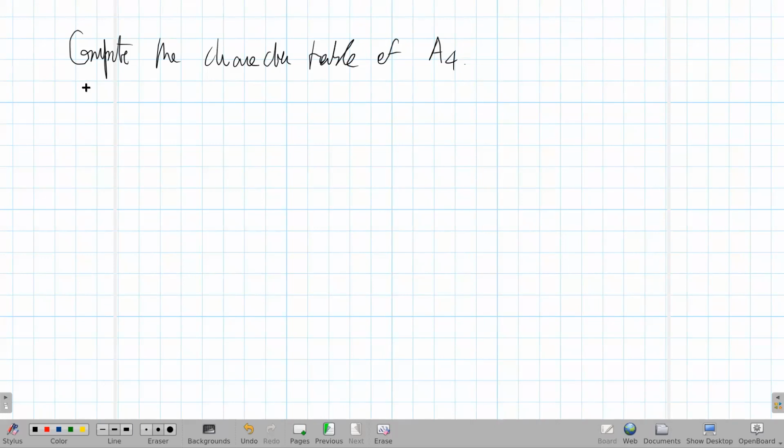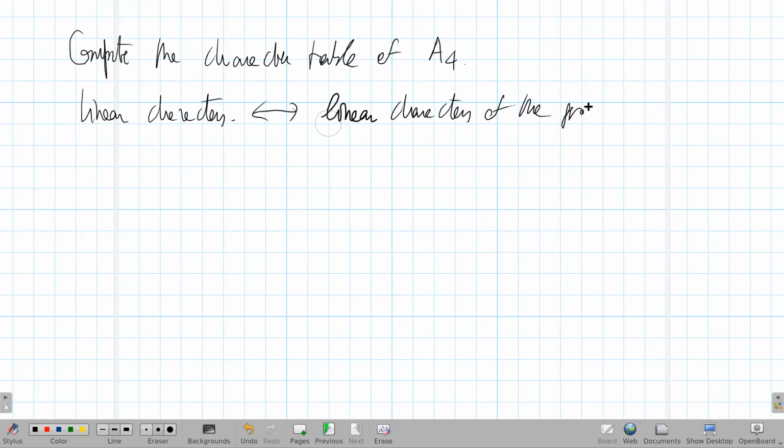So first of all, linear characters. Recall that the linear characters correspond to the characters of the group A4 over A4 prime, where this is the derived subgroup.